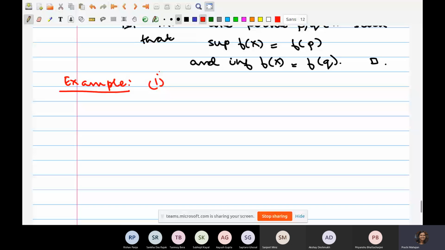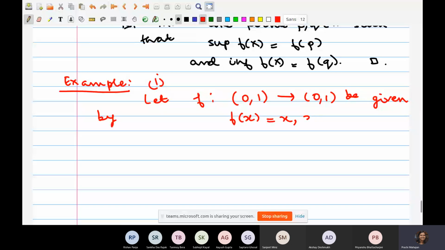Let's look at f defined on the open interval 0, 1 to the open interval 0, 1 by setting f of x is x. So this is the identity map on the open interval.